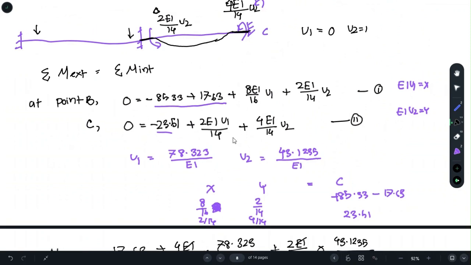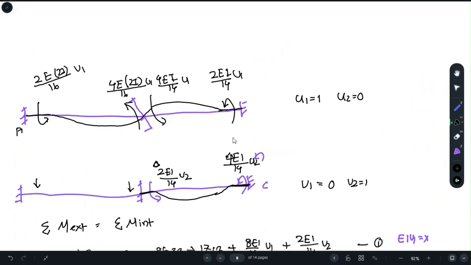Later, we'll get two other values from the application of the dokis. For u1, you will get a reaction here as well. It gives a moment like this, trying to compress this restraint, so you get an upward reaction of 6EI over L squared multiplied by u1.